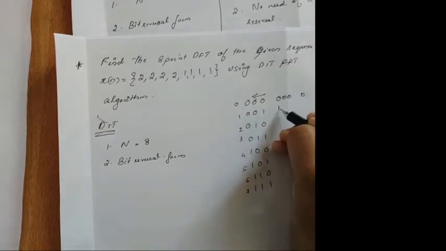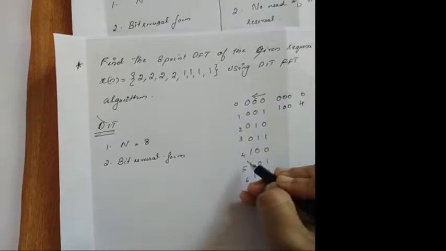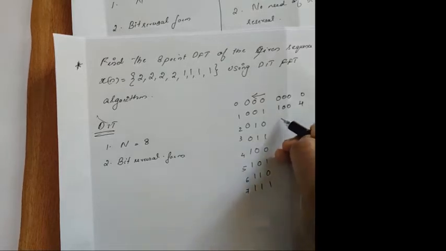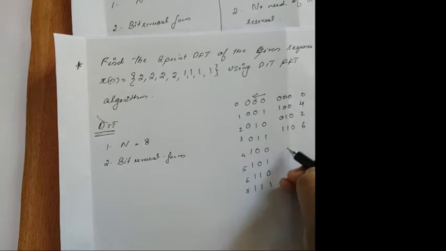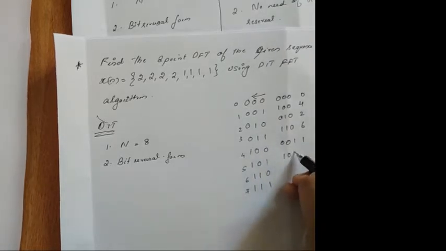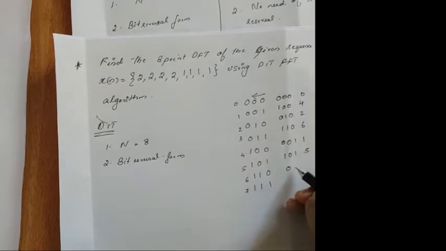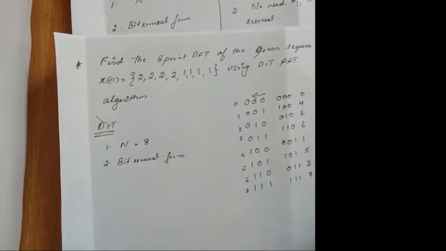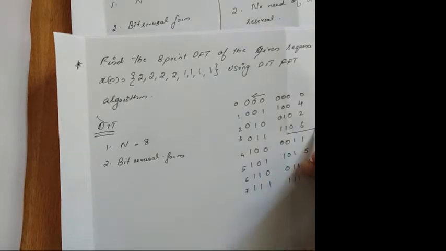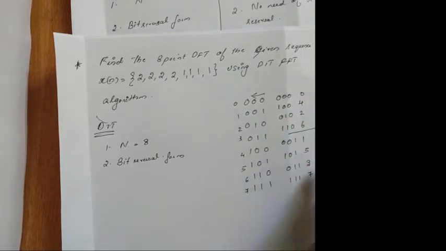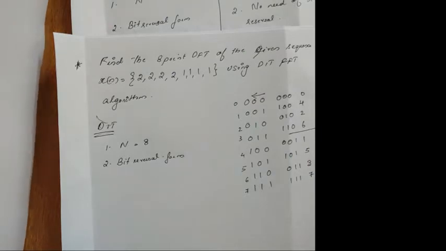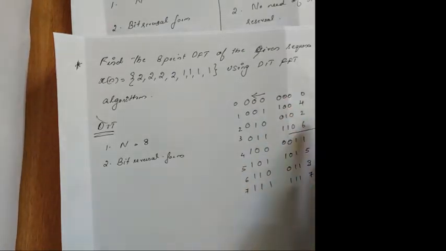Next, 100 is nothing but 4. Then 010 is 2, 110 is 6, 001 is 1, 101 is 5, 011 is 3, 111 is 7. Now you can just imagine you have divided into your even and odd terms. So this is what you're calling bit reversal.